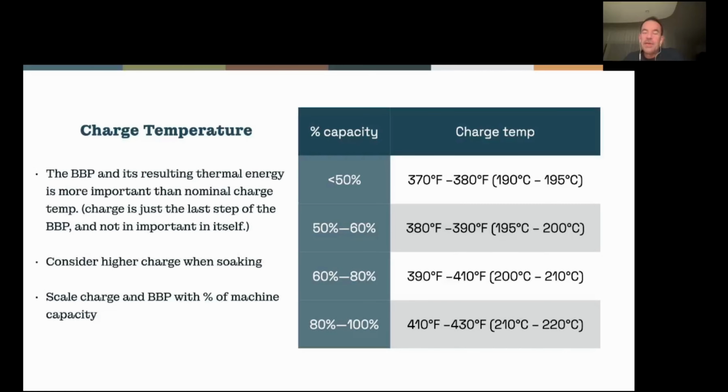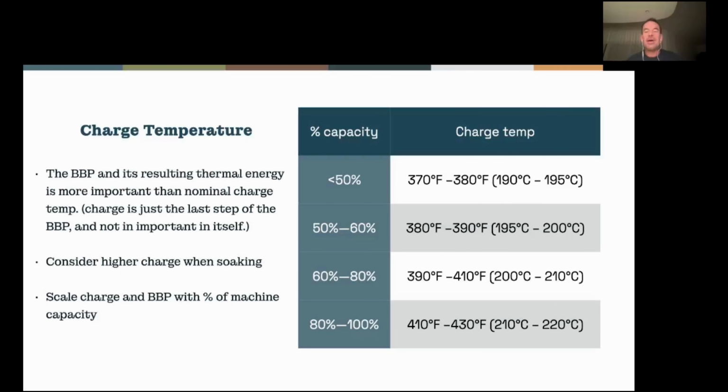I would like you to think of charge temperature as not being very important. To me, it is really nothing more than the last step of a between batch protocol. And the between batch protocol is much more important than the nominal charge temperature. So I want to give you 2 examples to illustrate this.